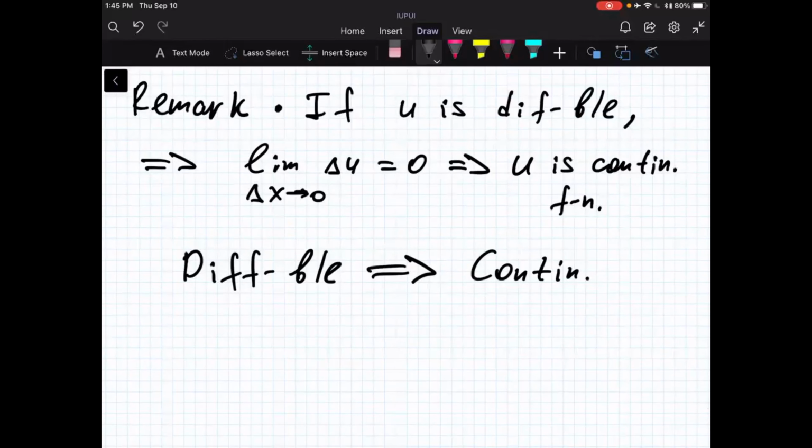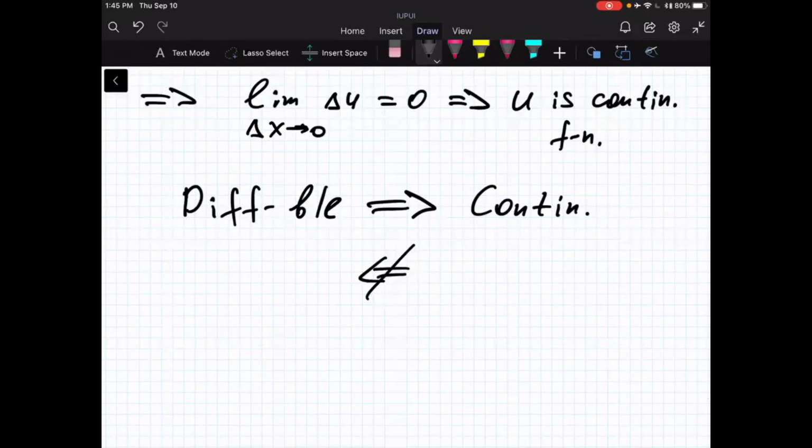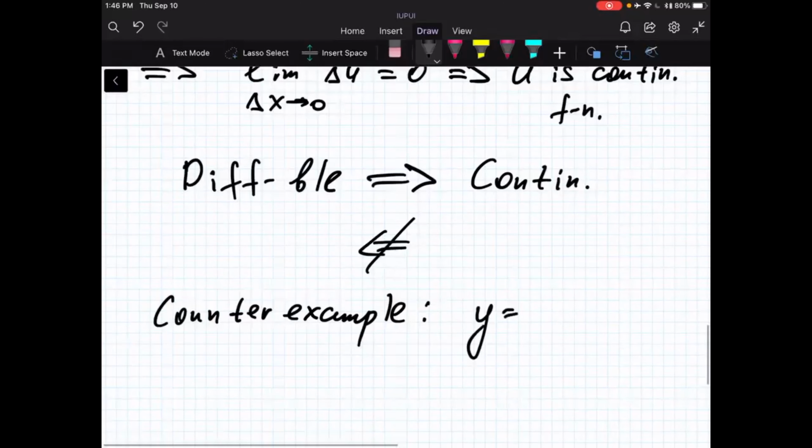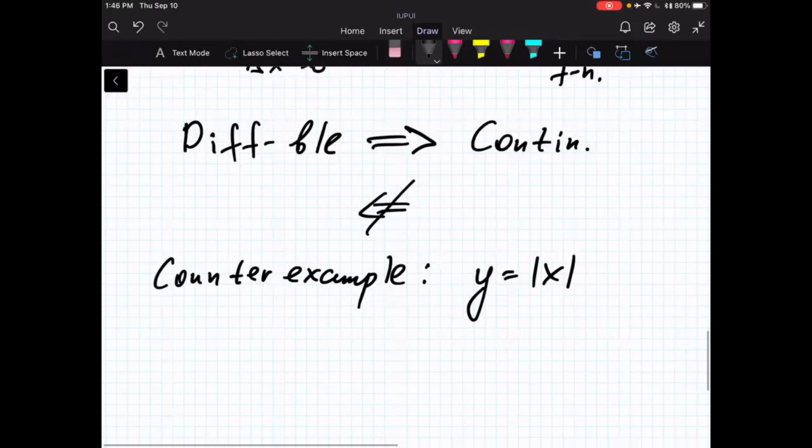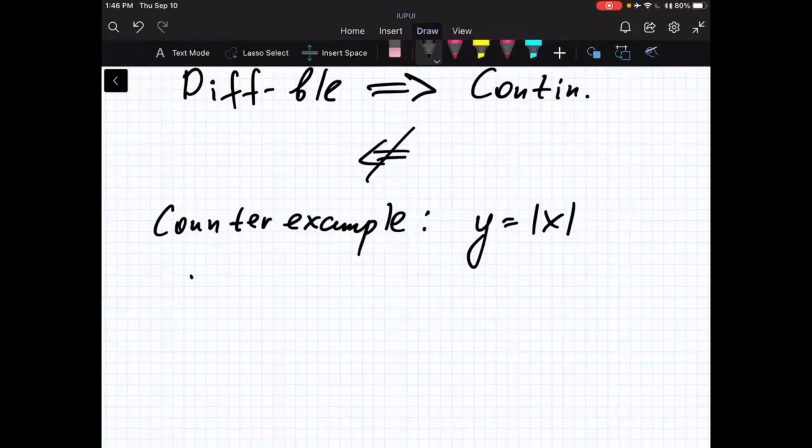So this is not always true. And for example, a counterexample, y equals absolute value of x. We have seen you can prove that this function is continuous, and basically you can see it from its graph.